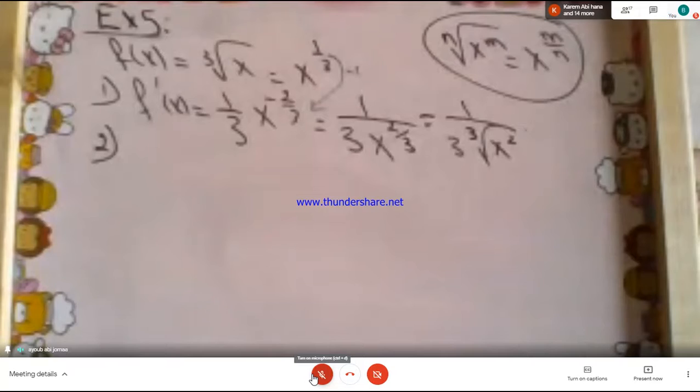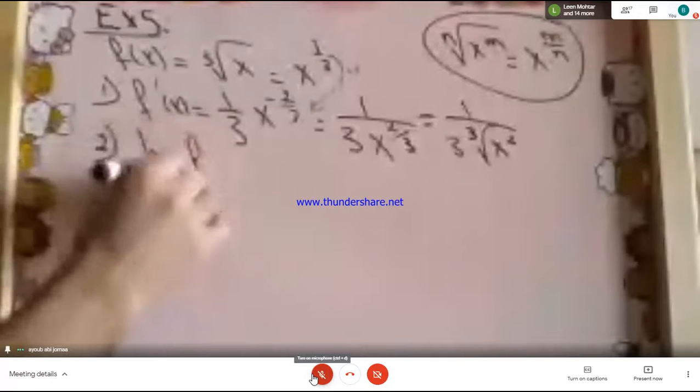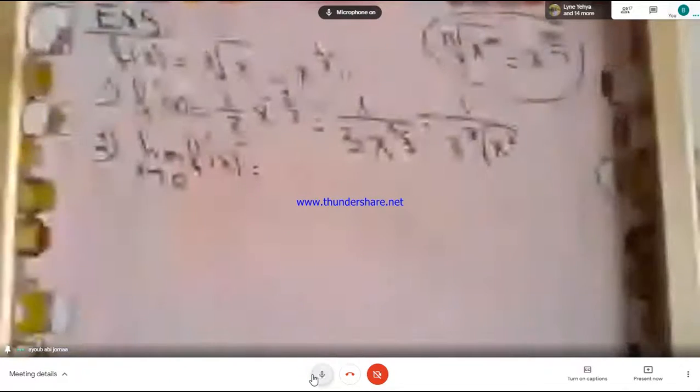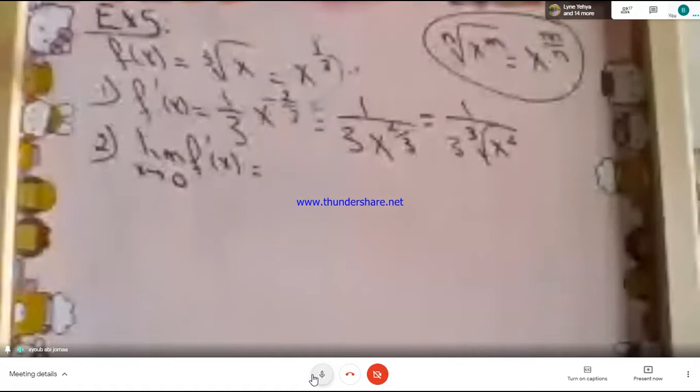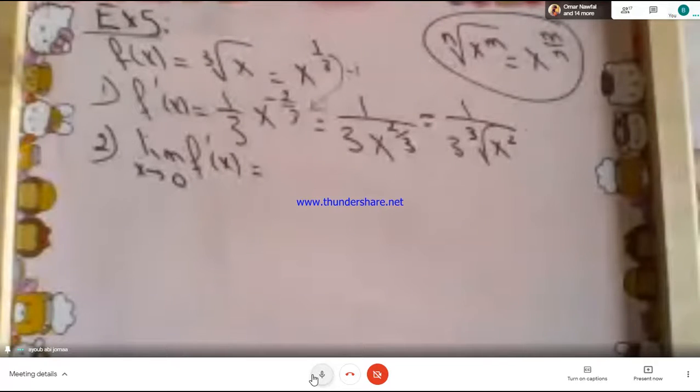In part 2, the question is to find the limit of f prime of x as x approaches 0, and then give a graphical interpretation of the result. What is the limit of f prime of x?